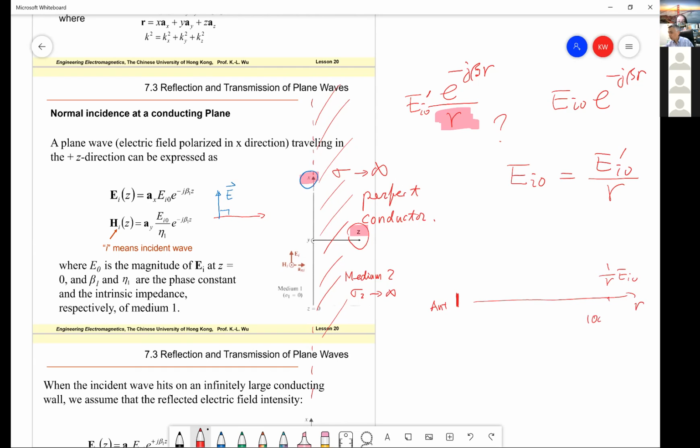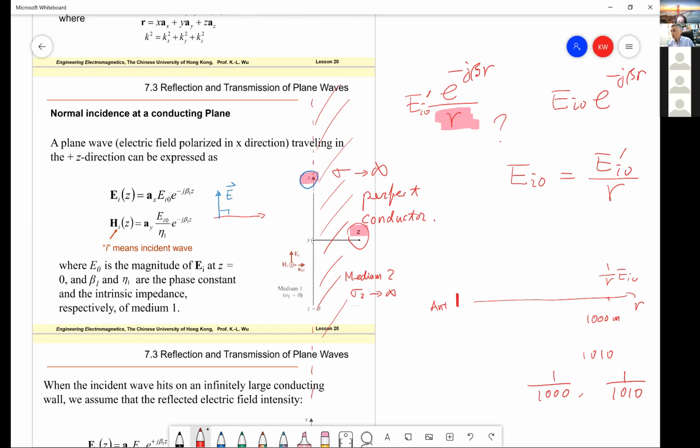See, this is 1,000 meters. If you talk about 1,000 meters and 1,010 meters, what's the difference? There's not much difference, right?